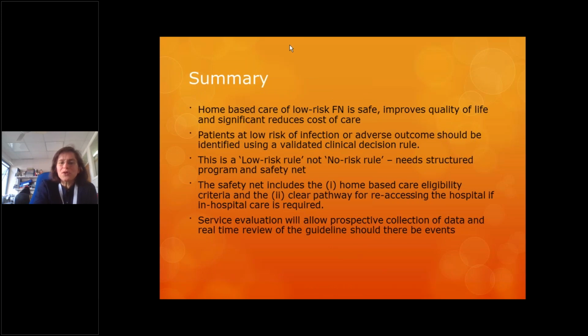So these are the conclusions from this Australian experience: 39% of their patients were identified as low risk for febrile neutropenia. They were able to be treated with home-based treatment, with a significant reduction in the cost of care and improved quality of life.